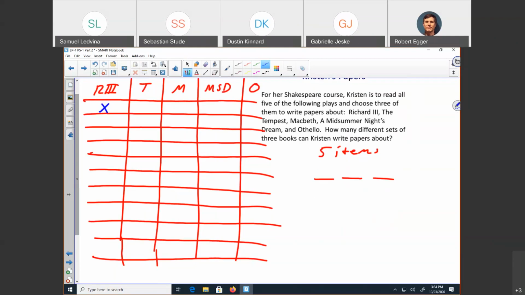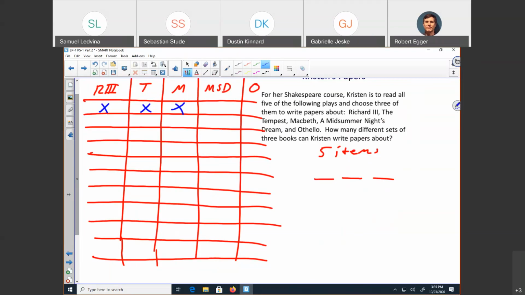I'm just going to do those 3 as my first combination. Now, whether it's Richard III, Tempest, or Macbeth, it will be the same as the Tempest, Macbeth, or Richard III, or Macbeth, Richard III, the Tempest. It's all the same combination.